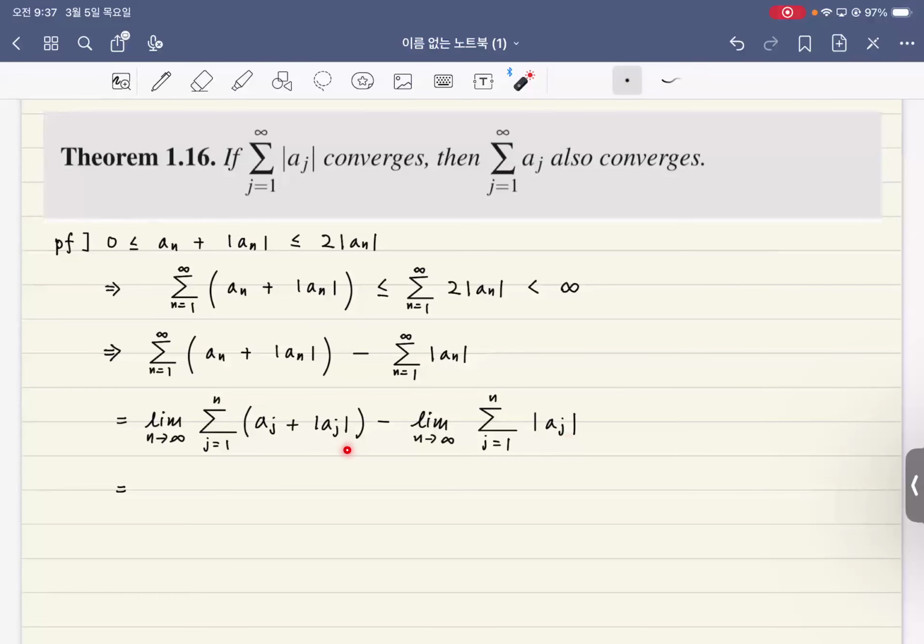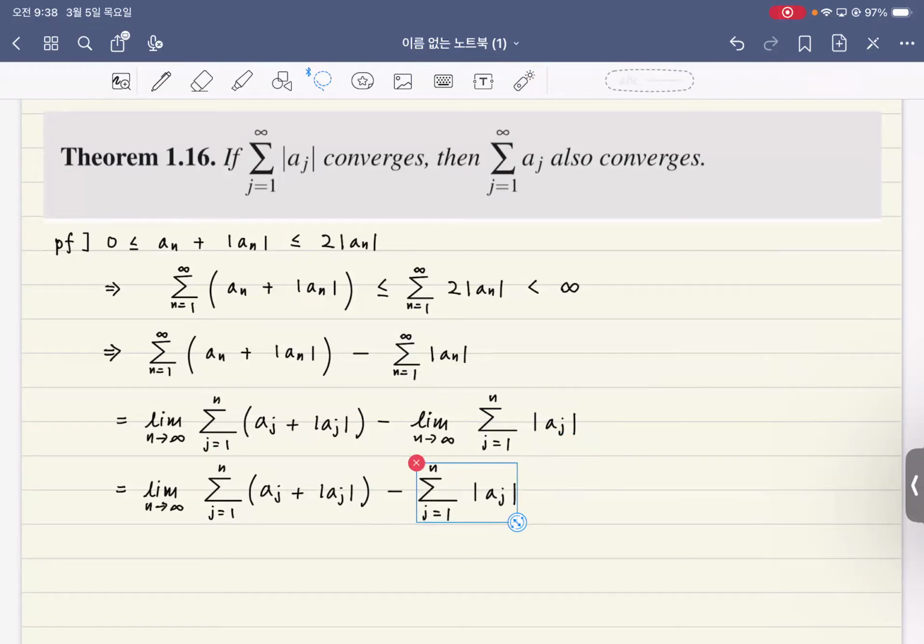Therefore, the limit of the difference of two convergent sequences should be this minus this, and let me introduce a huge parenthesis over there for the difference between these two.